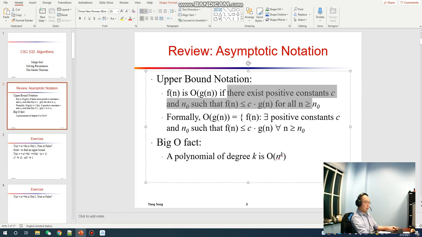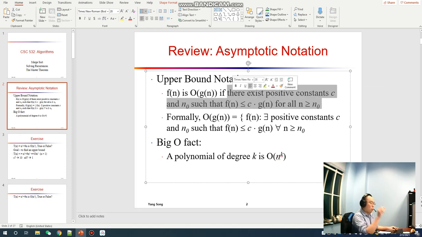There exists a constant c and n0 such that f(n), which is our T(n) in this case, is always smaller than c, which is 10, times g(n), which is n squared, for all the n values when n is greater than n0, and in our case n0 is 1.